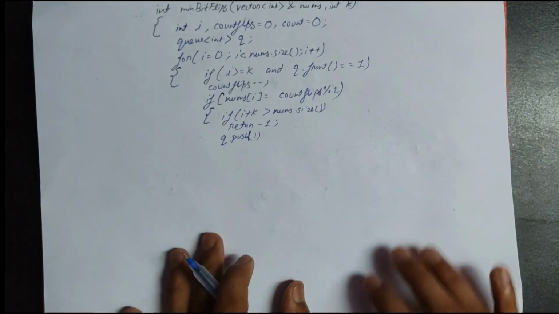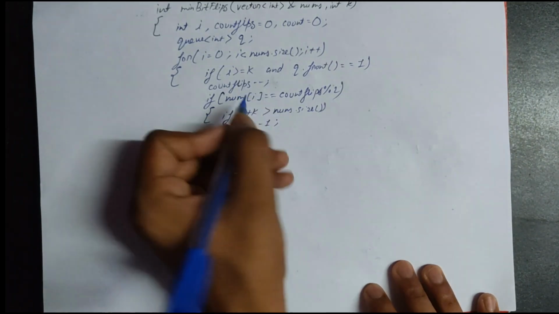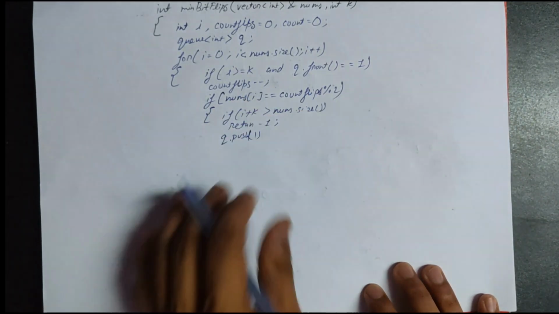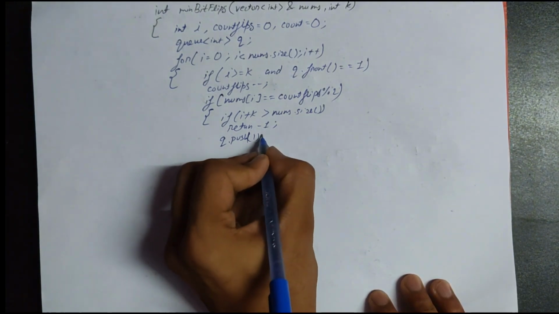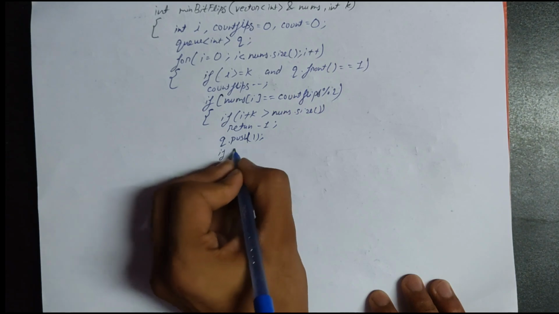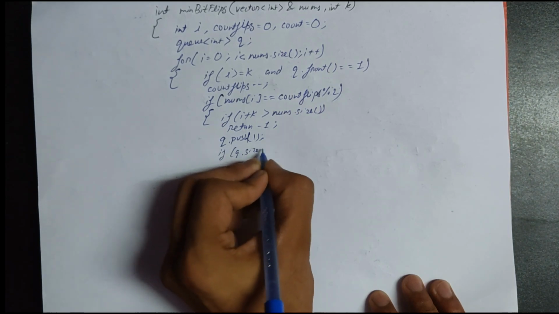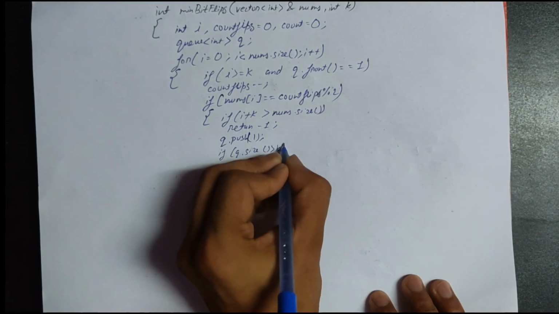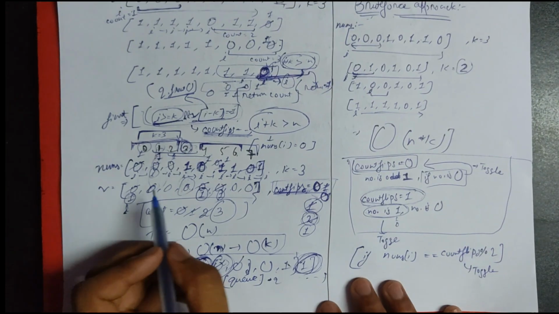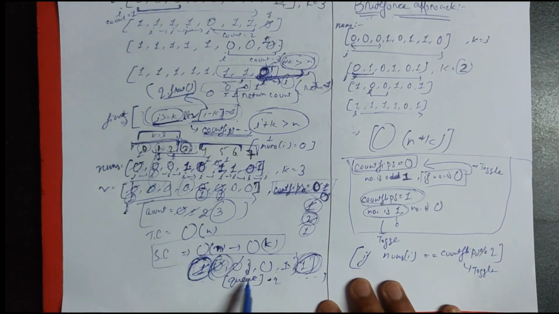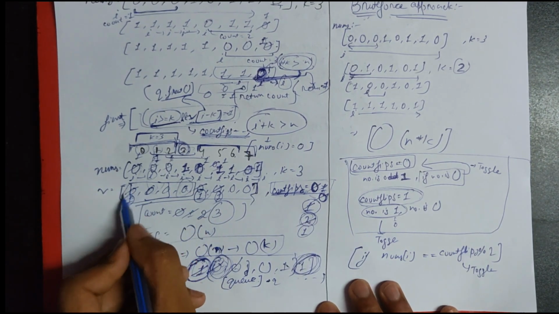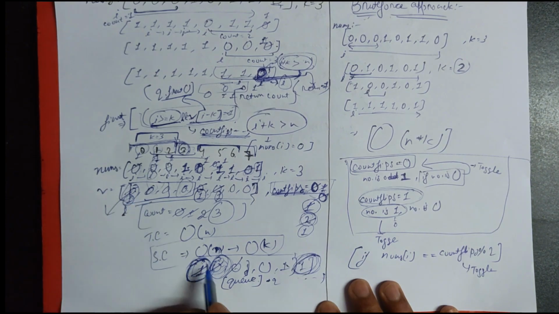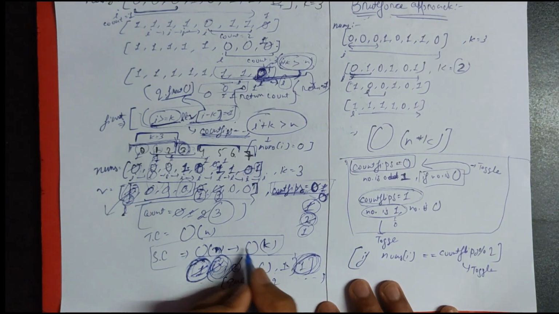So at this point, as this nums of I double equals to count plus modulus 2, in this case we have to toggle the value. So we will simply push 1, and after this, if q dot size is greater than k, because for these three elements when we are pushing in the queue, we don't need to pop out any value, but when we push the fourth value, we have to pop out this value. Okay, so the maximum size of q will remain k only.